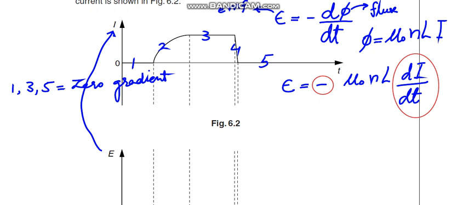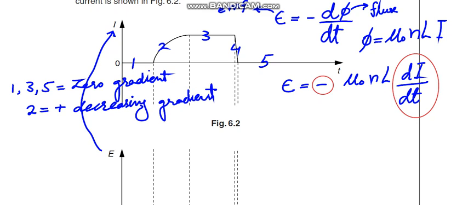For region 2, we have a positive gradient, but it's decreasing. For region 4, we have a constant but negative gradient.